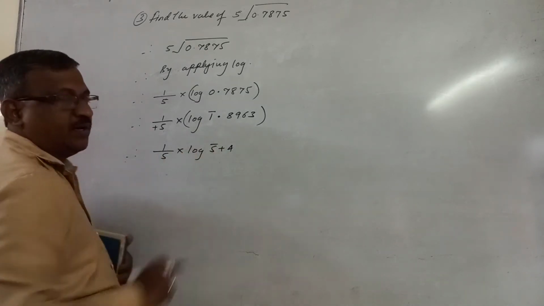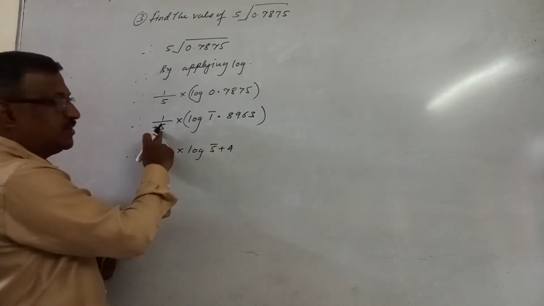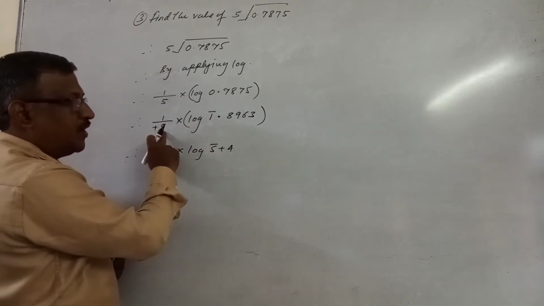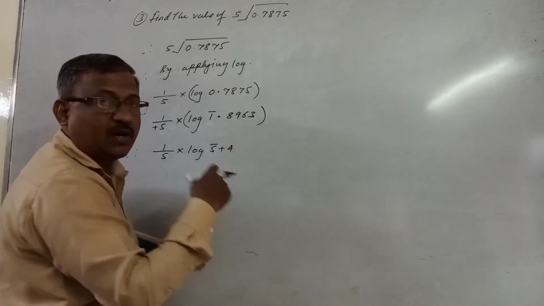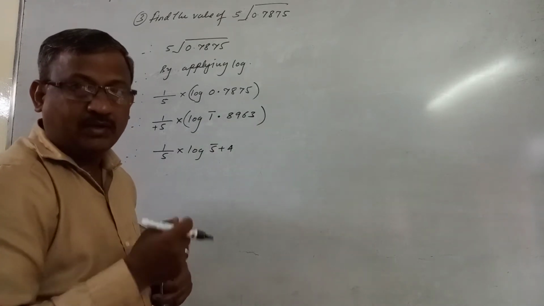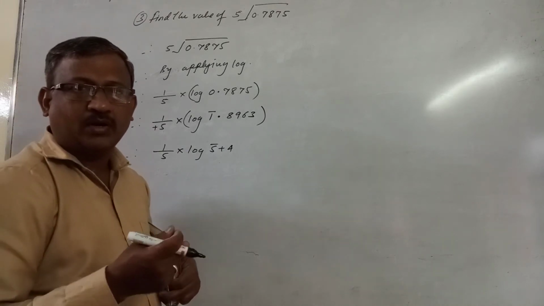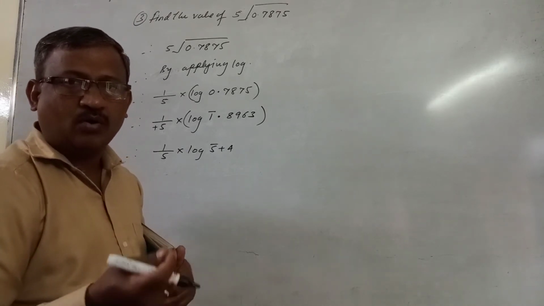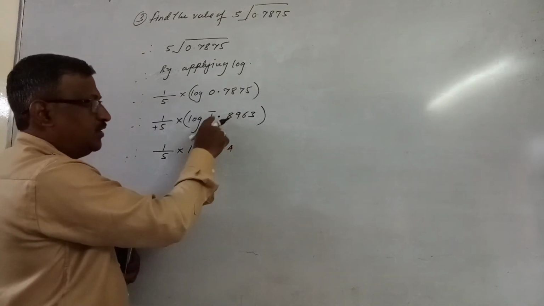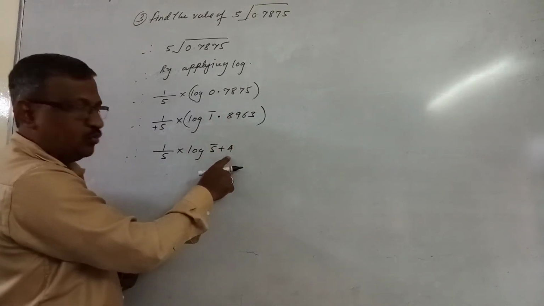So this adjustment you have to remember, because here bar 1 is not exactly divisible by 5. When bar 1 is not exactly divisible by 5, this part also will come out negative. And if this part comes out negative, we cannot see the antilog, because all the values given in the logarithm and antilogarithm tables are positive values. So to have this value positive and this negative, you have to do this adjustment. It is a simple adjustment.